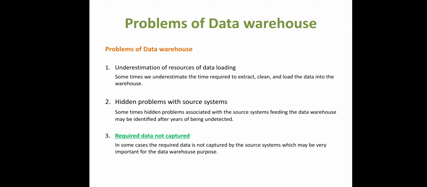If I am taking something from one of the databases, and in that database the property purchase date is not available, it may be that the date was never entered, but that date is very important for my analysis, and this may happen.